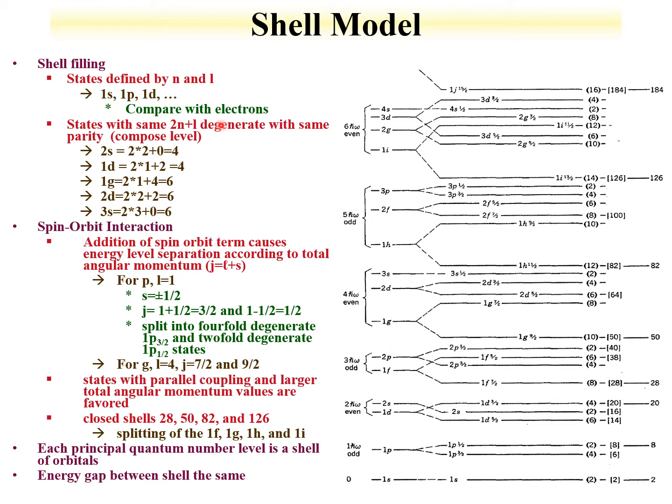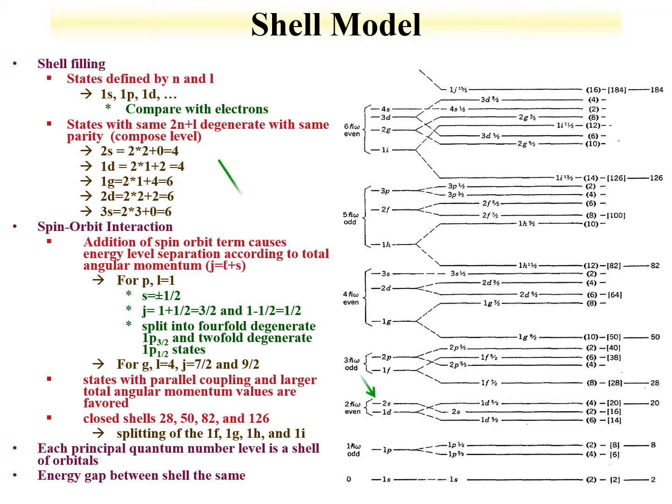When we look at these states, we know that there are some states which are degenerate, so we can group some energy levels together. Degenerate states, if I take 2 times n plus l, those with the same numbers, so for 1s, the n would be 1, the l would be 0. Those states with the same 2n plus l are going to be degenerate, and they'll be grouped together.